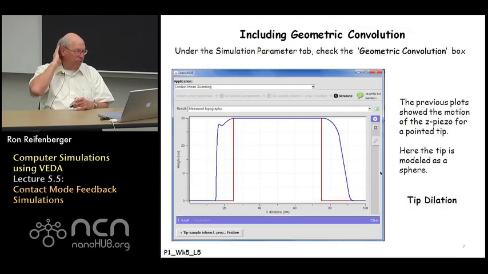I always like to turn the tip dilation on by clicking this geometric convolution box. This is under the simulation parameter tab.